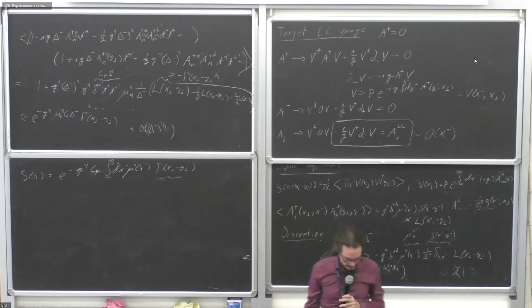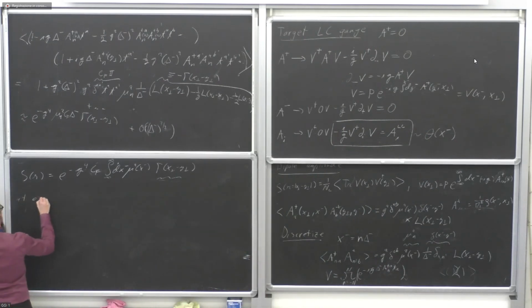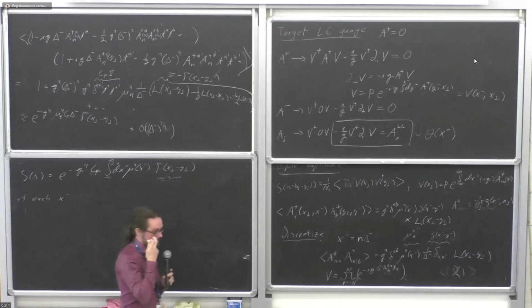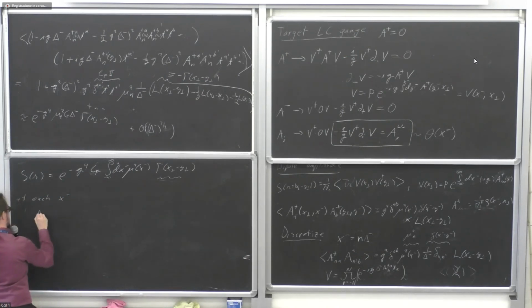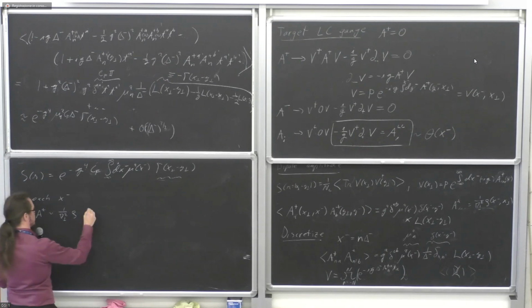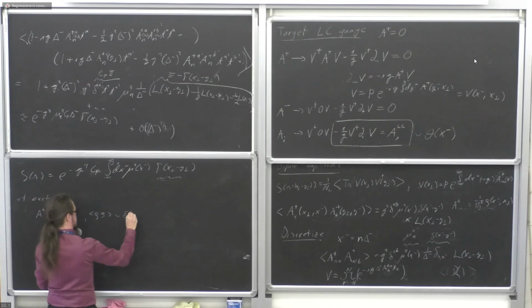So at each x minus, our a plus is 1 over nabla squared rho, and the rho correlator is a delta function in x perp minus y perp.